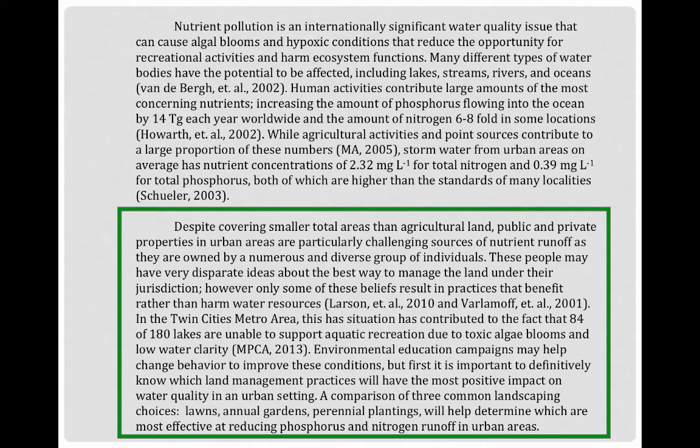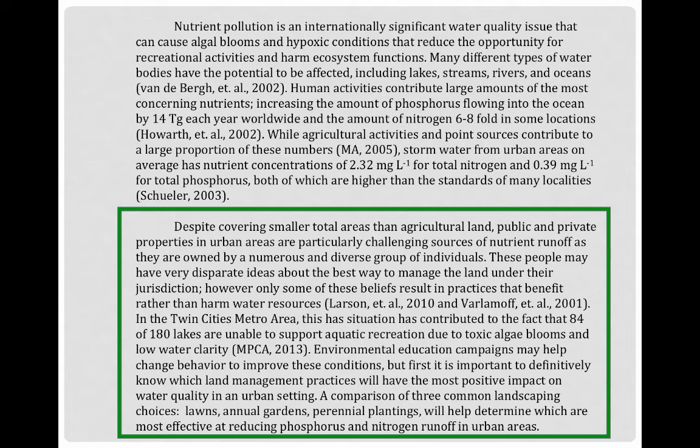And then at the end here, just as we did with the topic paragraph, there's a statement of how this project will aid in giving a solution to this problem. So we see toward the bottom half, environmental education campaigns may help change behavior to improve these conditions, but first it is important to definitively know which land management practices will have the most positive impact. And so there's the call for understanding the literature.